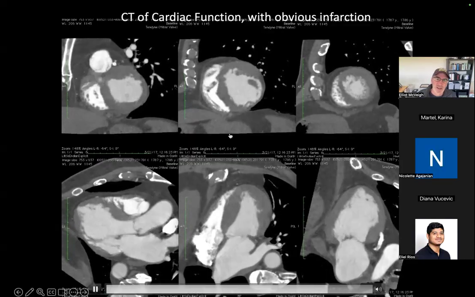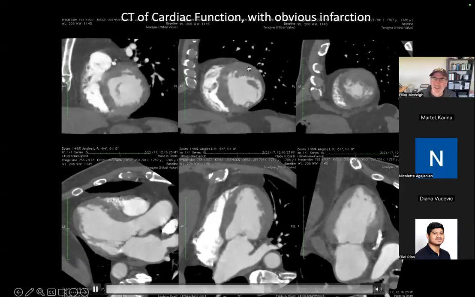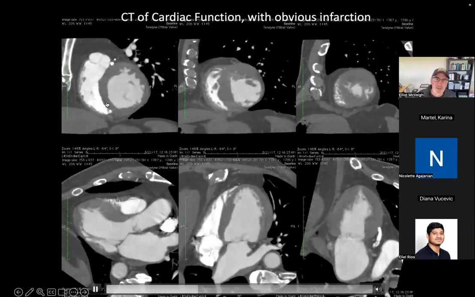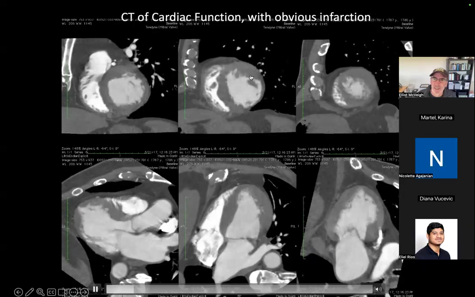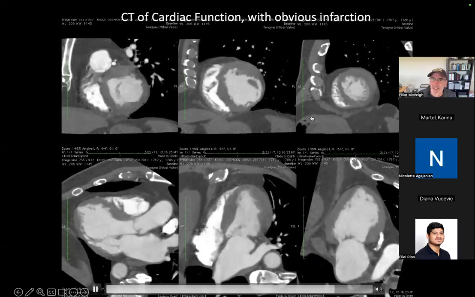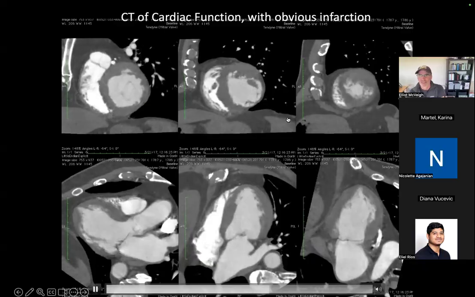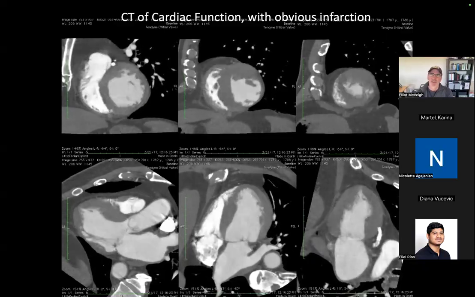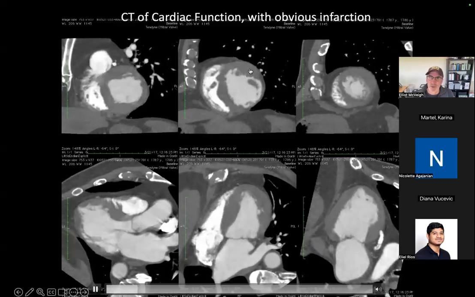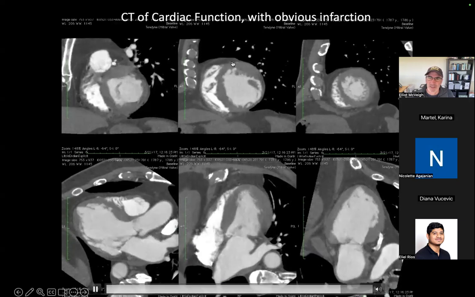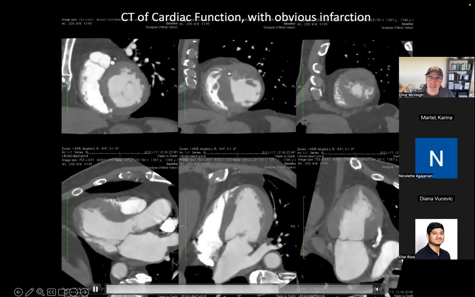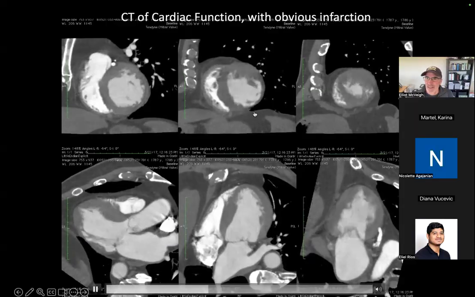Here's a very obvious infarct in that the basal short axis looks like this, mid and apical. And so when you look at it, there's a few things going on very quickly. You're just like, well, this looks totally asymmetric in terms of how it's contracting. Only this side of the heart is contracting.